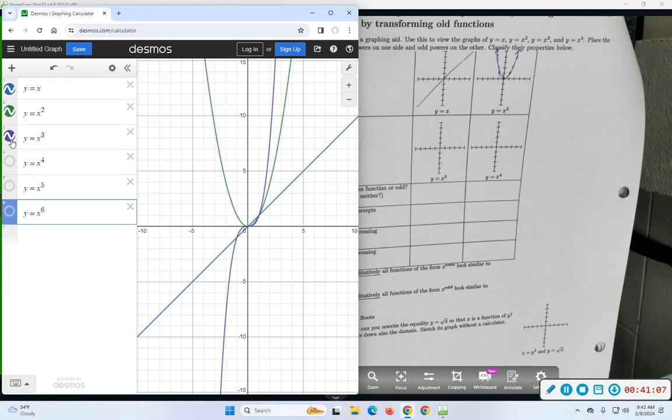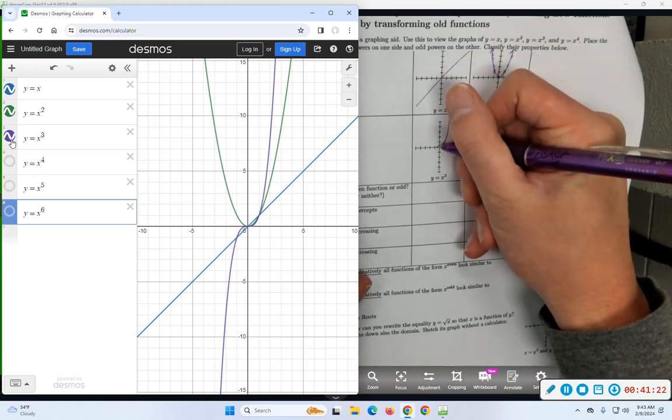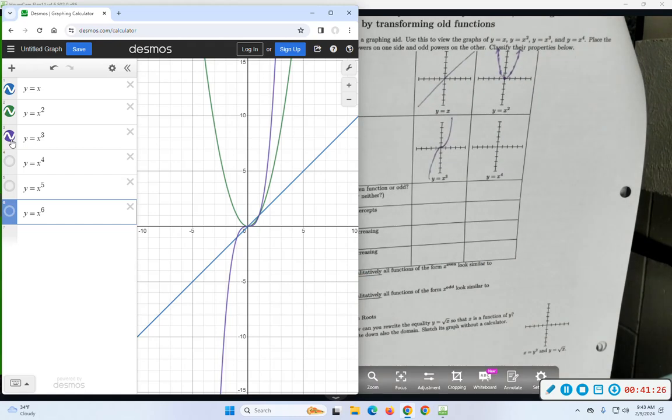To the right of the x-axis, it looks qualitatively kind of like the squaring function. A little bit steeper farther away from the origin, a little bit flatter close to the origin. And it does the opposite for negative numbers instead of the same. What about x to the 4th?